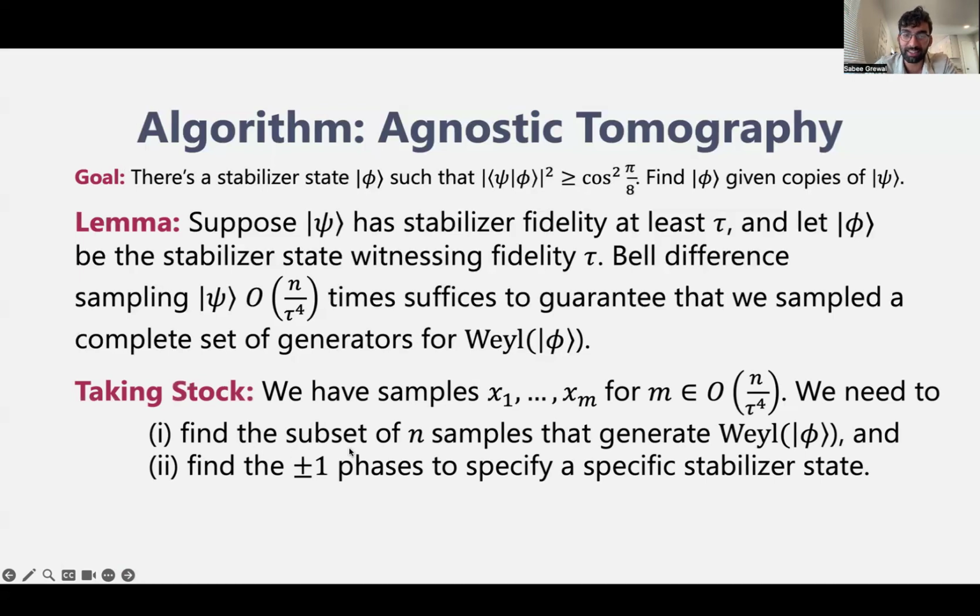We still need to find the subset of n samples that generate Weil phi, and then we need to assign plus or minus one phases to specify a specific stabilizer state. So again, like we saw in the last slide, Weil phi is specifying a basis of stabilizer states, and we need to add ±1 phases to the generators to specify a specific state in that basis. So that's what remains in order to accomplish our goal.